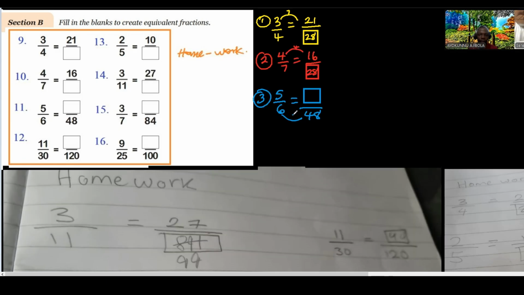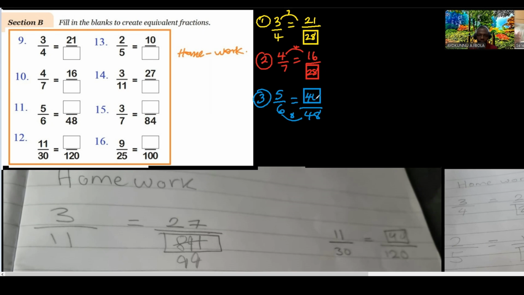That is 6 times 8, right? Yeah. That 8 times 5 is going to give me 40. Okay, good. And if I reduce it down, I can say 8 here, 5, 8 here, 6, and that still gives us 5 over 6.